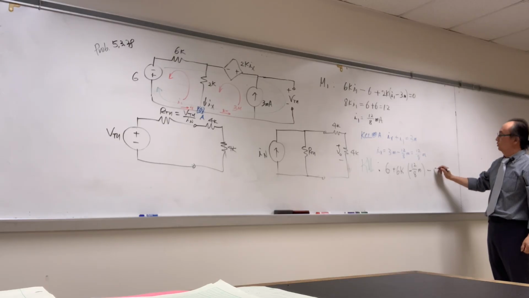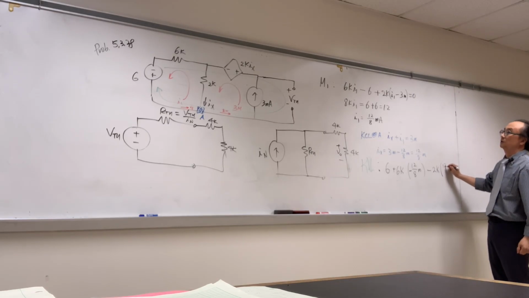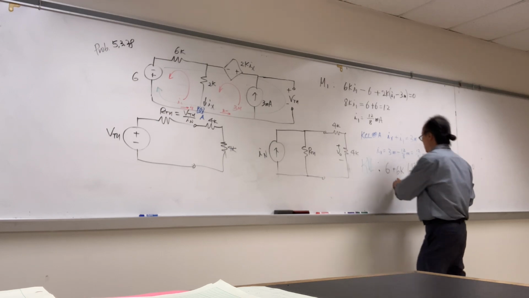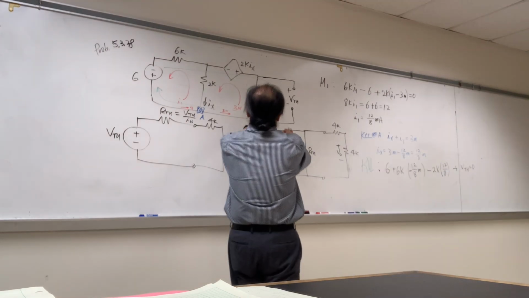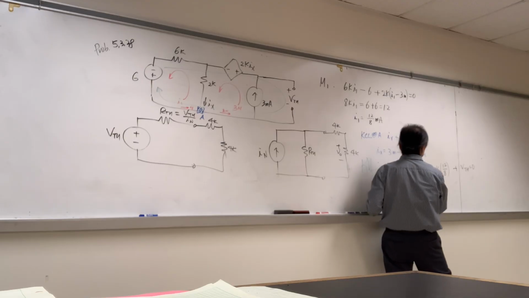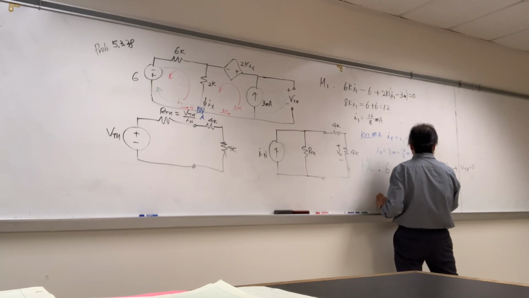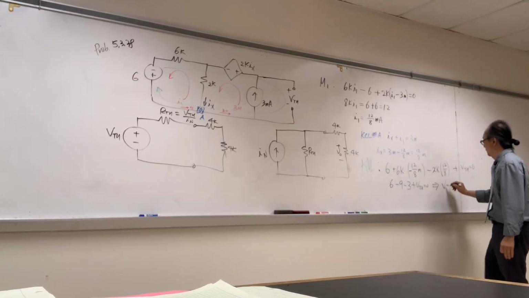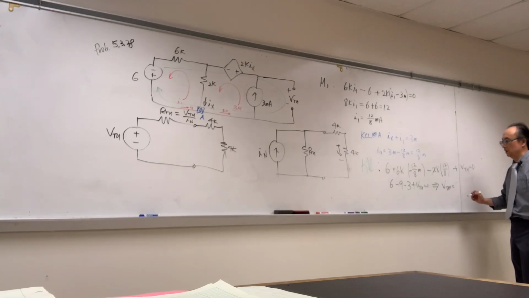And then minus 2K times I sub X, which is 12 over 8, plus VTH equals 0. So 6 minus 9, and then minus 3, plus VTH equals 0. So VTH equals 6.